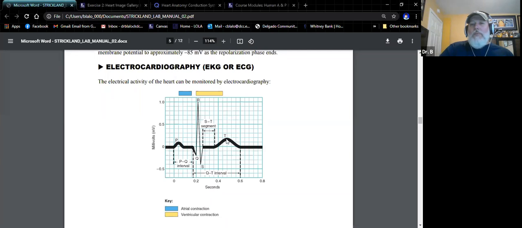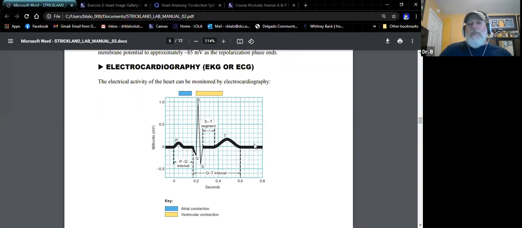The T wave represents ventricular repolarization. So we have atrial depolarization, we have ventricular depolarization, and we have ventricular repolarization. So what did I leave out? Atrial repolarization.